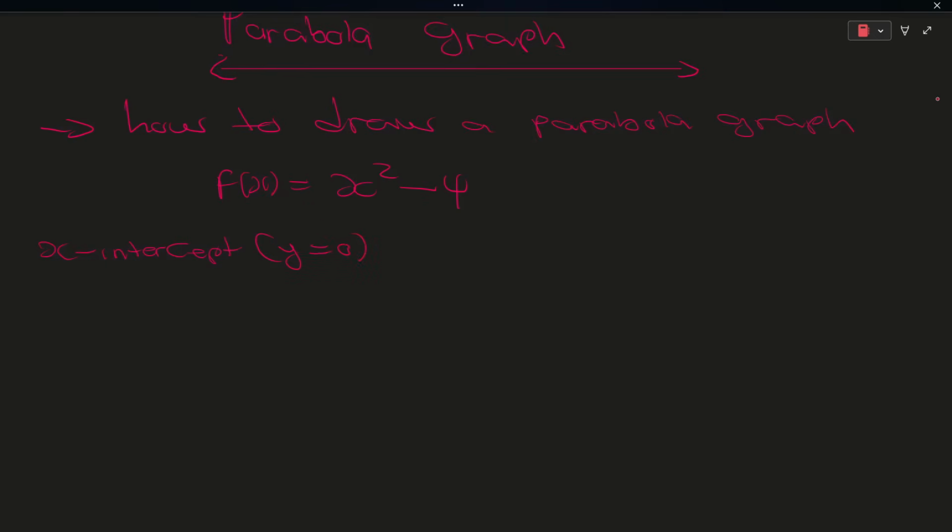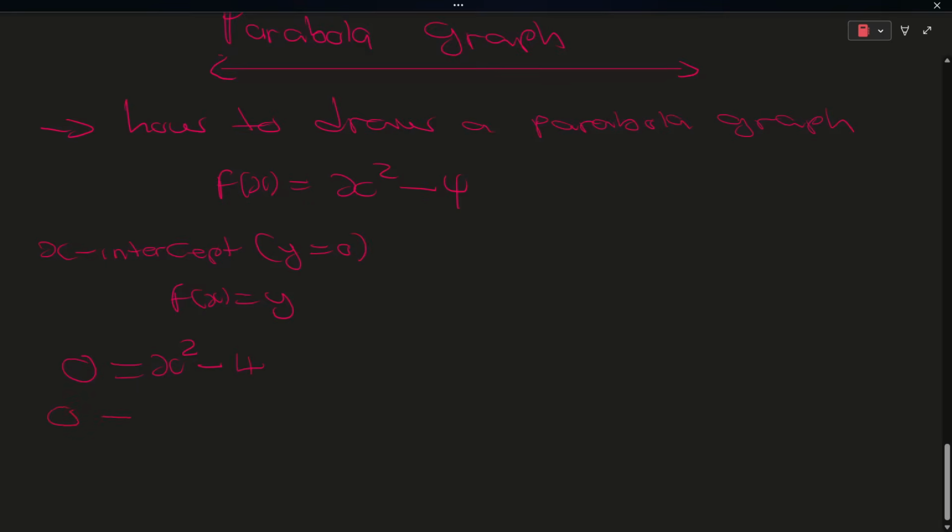Don't be confused: f(x) is the same as y. So let's replace f(x) with 0, because f(x) is our y. We're going to have 0 equals x squared minus 4.